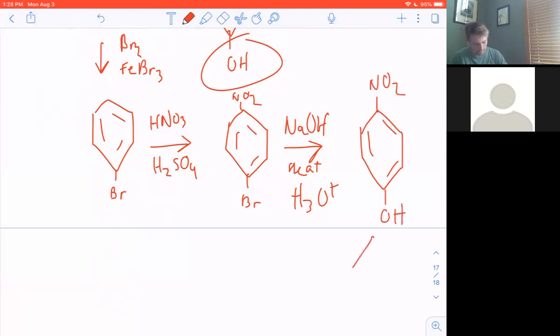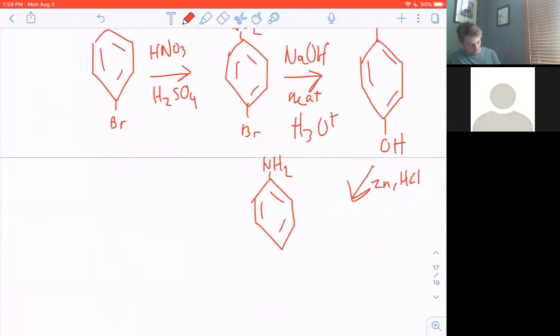And then lastly, you just need to reduce down the NO2 to an amine. So we're just going to do zinc and HCl. When you do that, that will make your final product. And then the OH group is down here.